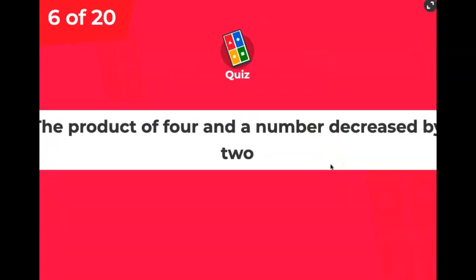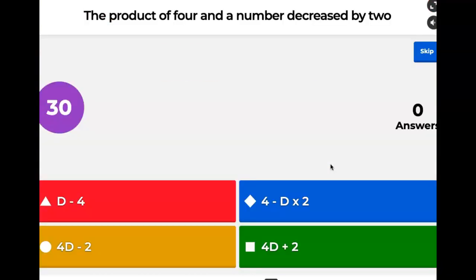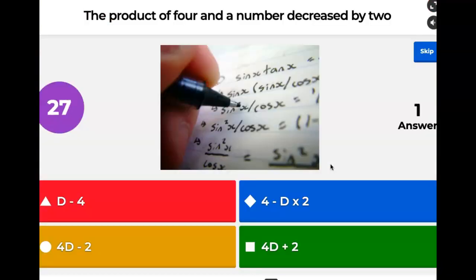Question number 6. The product of 4 and a number decreased by 2. Oh my goodness, seriously?